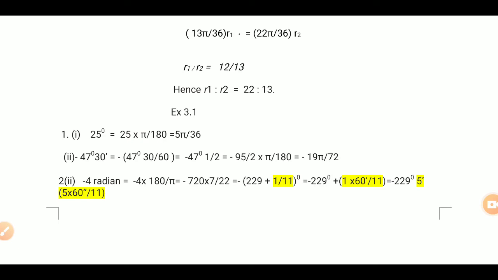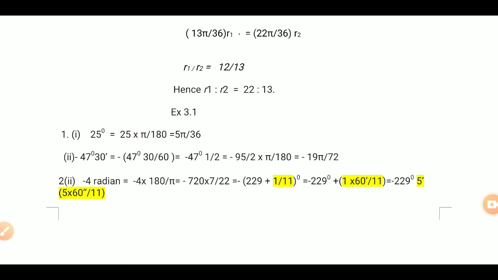And the angle is negative, so we put negative sign in each step, that is equal to minus, and we make it as improper fraction, that is minus 95 by 2. Now convert it into radian measure, we multiply it by pi by 180. So after calculation we get minus 19 pi by 72 radian.